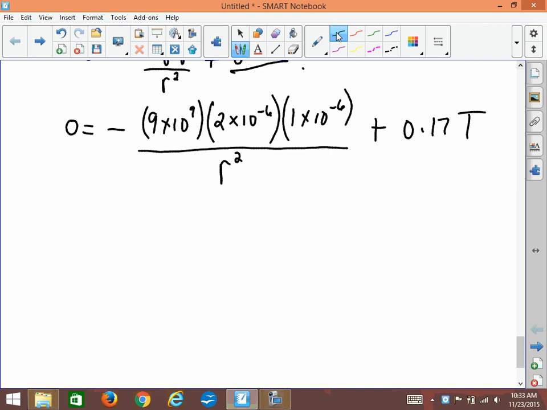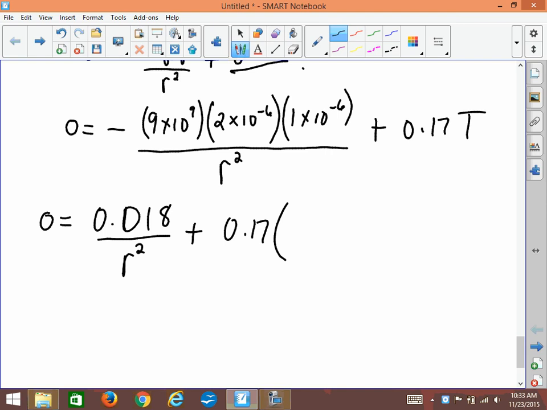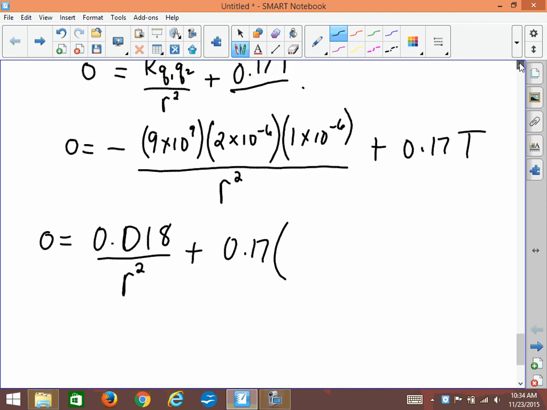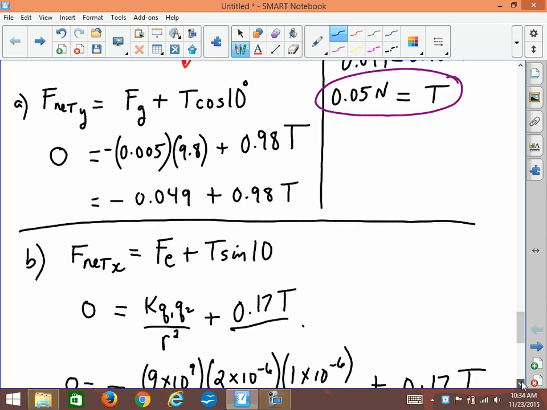All right, so we get 0 equals, and this was negative 0.018 over r squared. And over here, we want a plus 0.17 multiplied by the tension, which we got over here. We'll double check it again. 0.05, good.